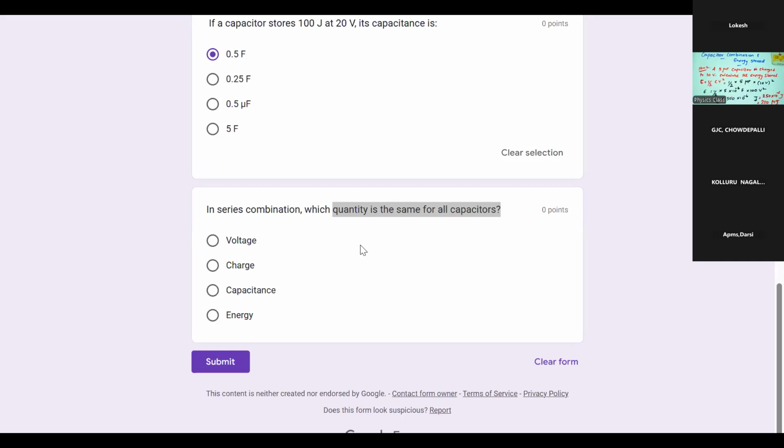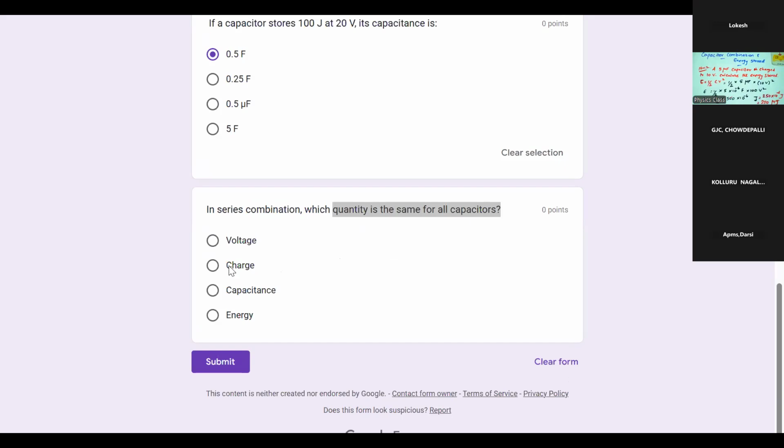Okay. Yes. So charge is same for all capacitors in a series combination. In parallel combination, voltage is same for each capacitor. Okay. In series connection, charge is same for all capacitors. Option B is the correct answer.